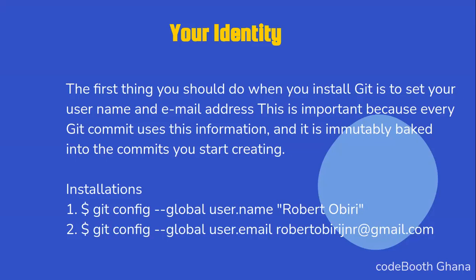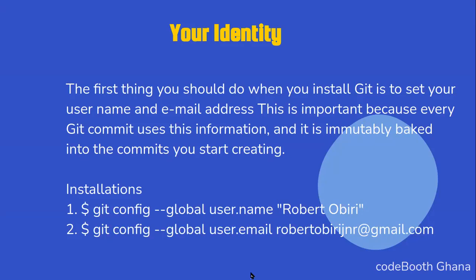This is important because every Git commit uses this information and it is baked into the commits you start creating. All right, so after installing the software on your local machine, not GitHub, you have to do some small configurations.